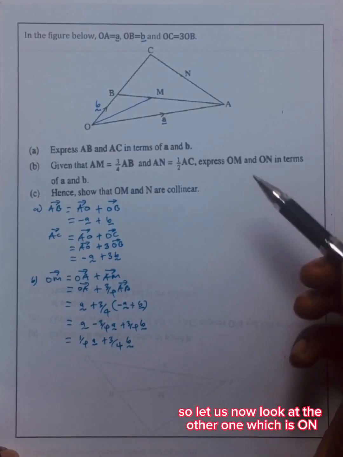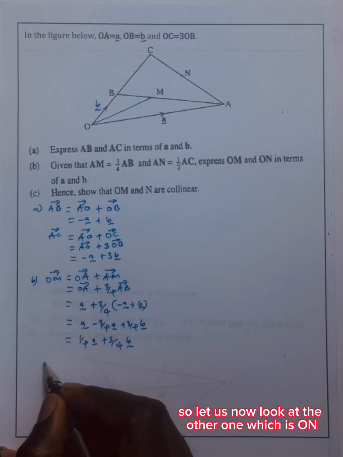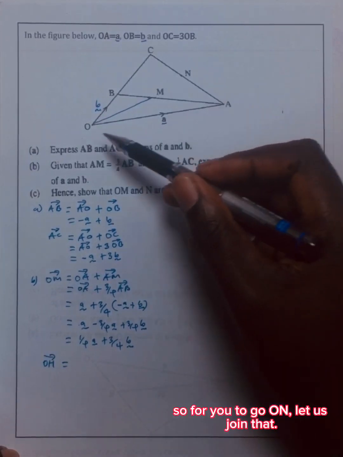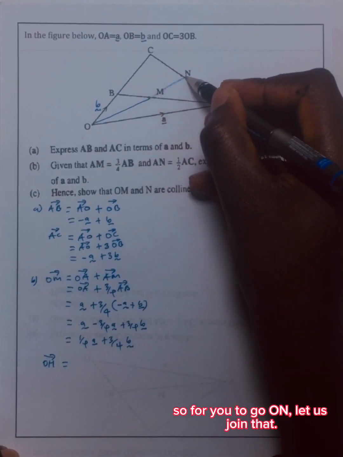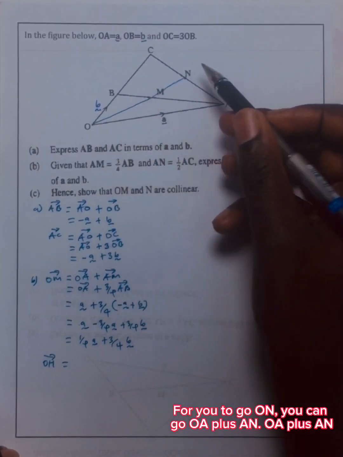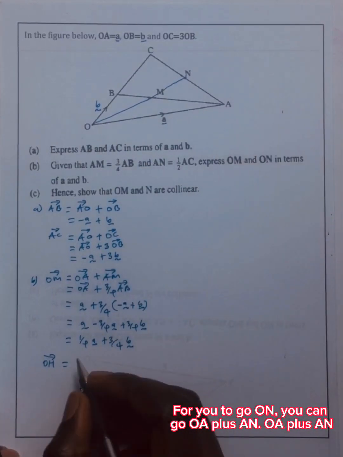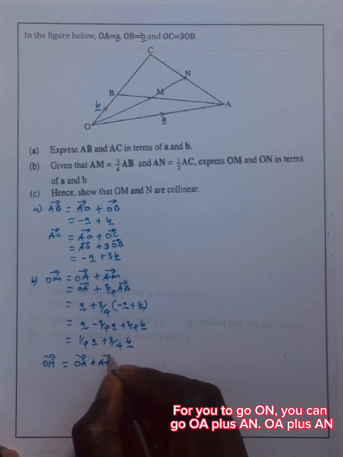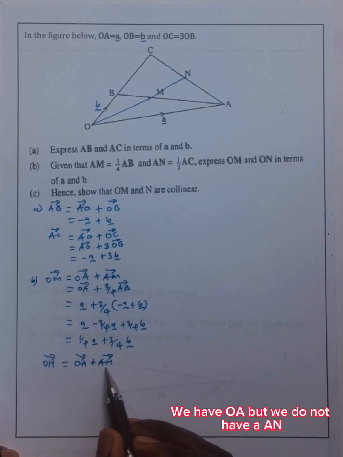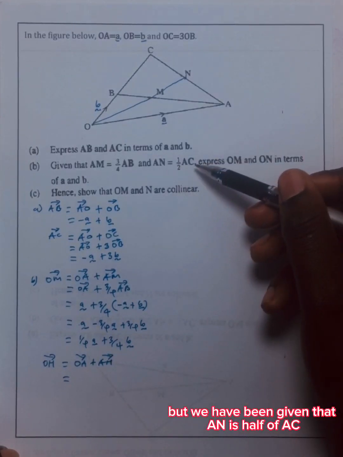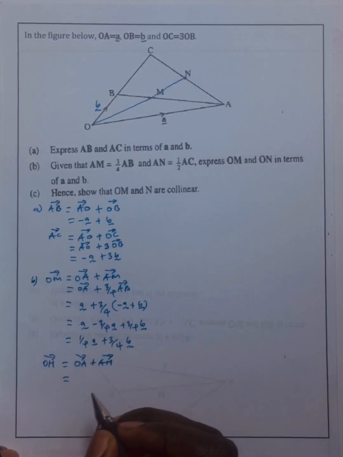So let us now look at the other one, which is ON. For you to go to ON, let us join that. You can go OA plus AN. We have OA, but we do not have AN. But we have been given that AN is half of AC.